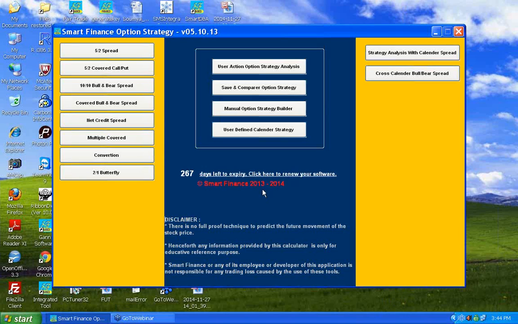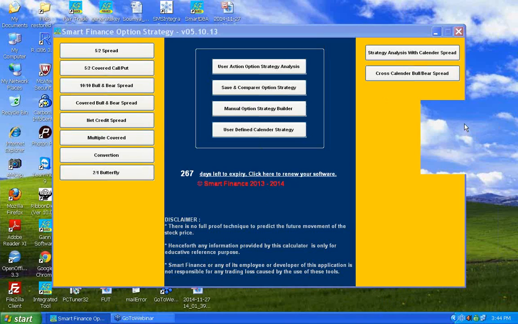Once you log in, you will broadly see three sections here. First is the strategies which we have formed for the users. The second section is strategies which users can initiate, and the third section is strategies which we have formed for calendar spreads, and for forming the cross calendar spread.